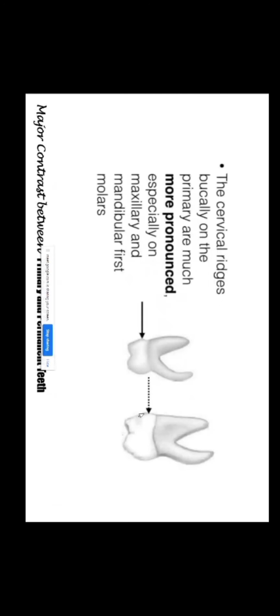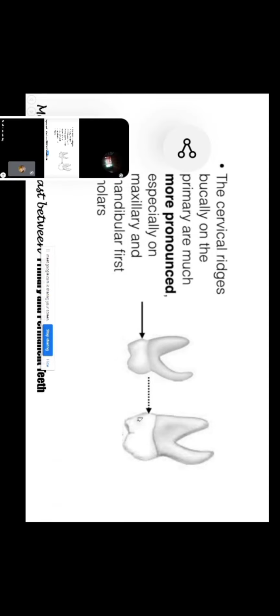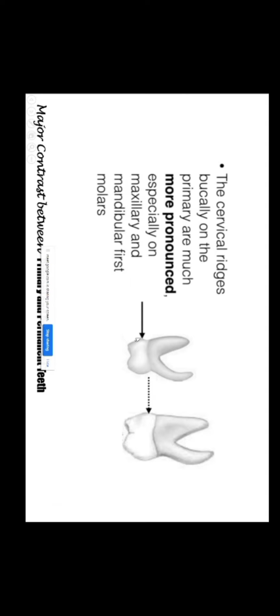Next, the cervical ridges of enamel of anterior teeth are more prominent. Can you see that bulge? That's the cervical area, the cervical ridge of the anterior, which is more prominent compared to the flatter cervical ridge of the permanent. Next, the cervical ridges buccally are more pronounced.